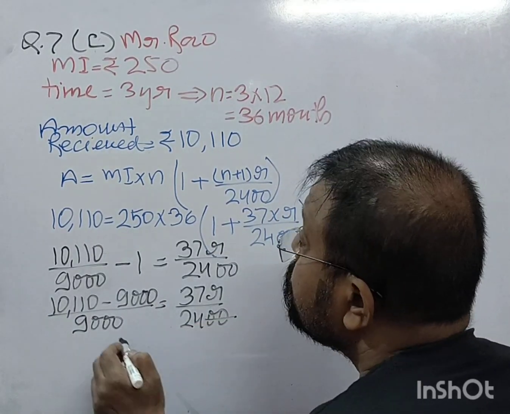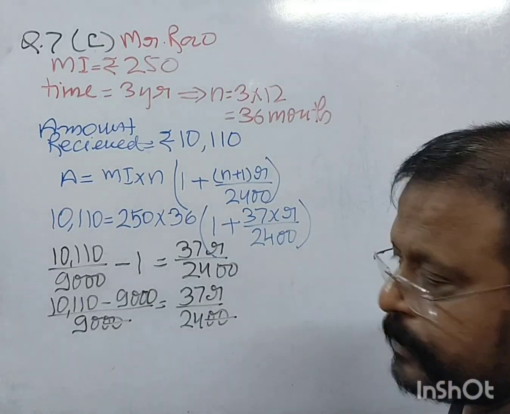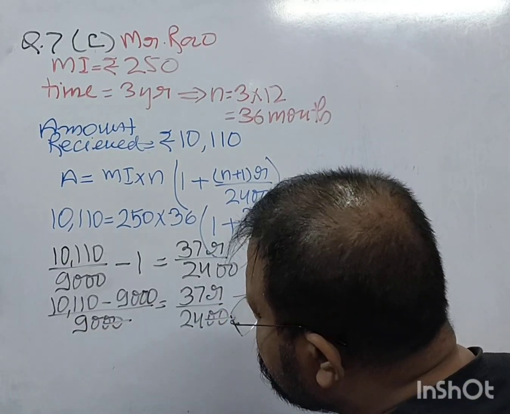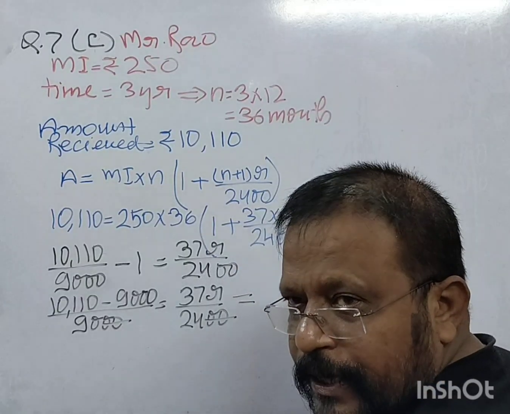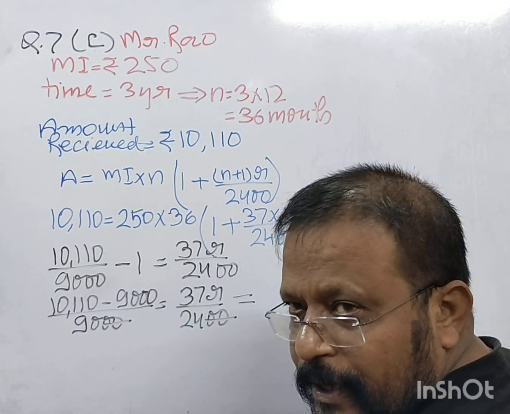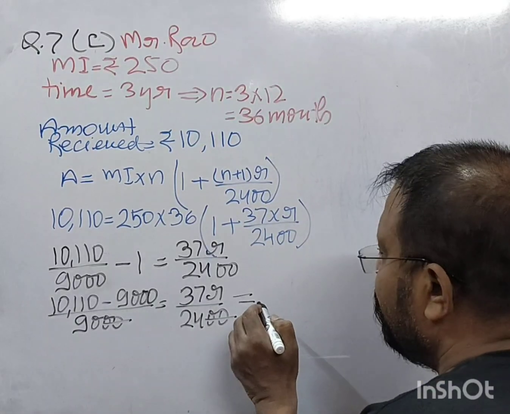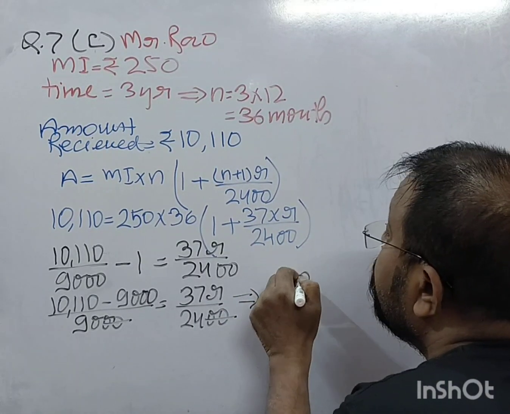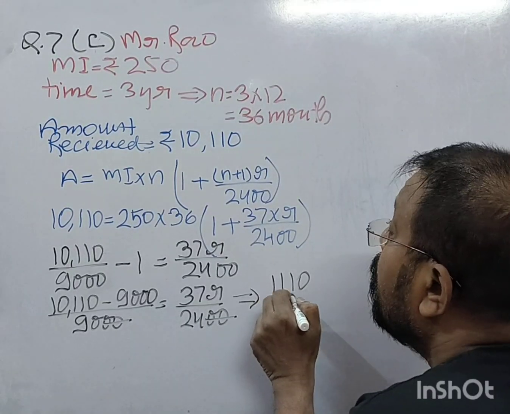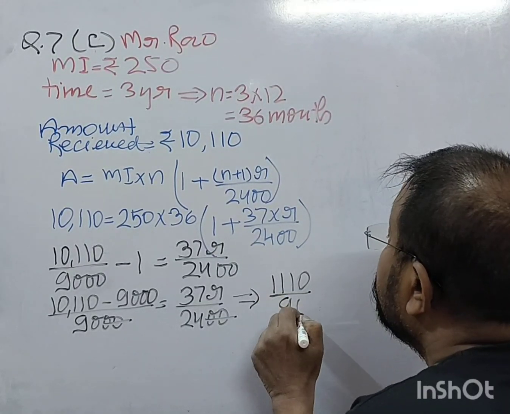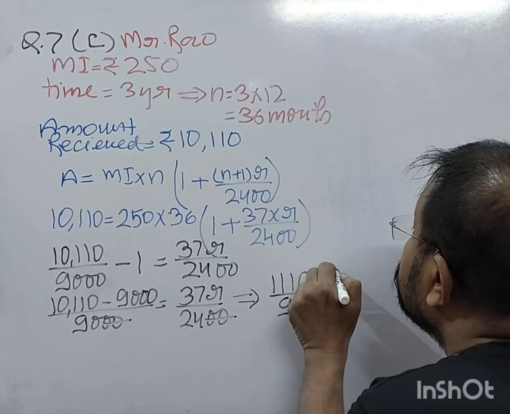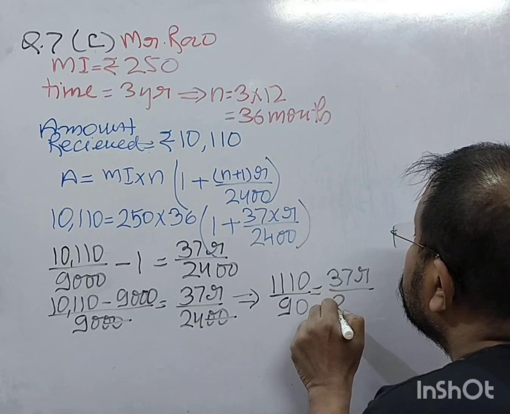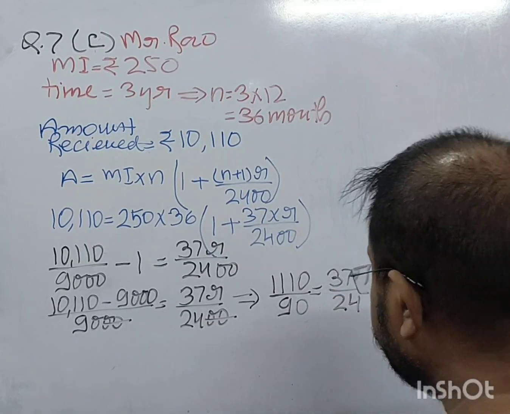The two zeros and two zeros are gone, and you get 1,110 upon 90 is equal to 37R upon 24.